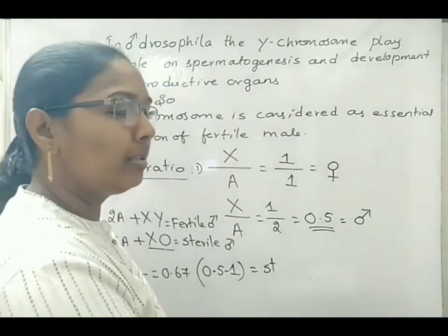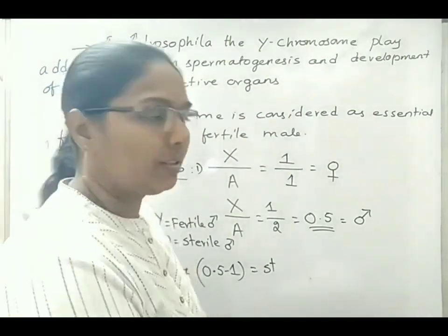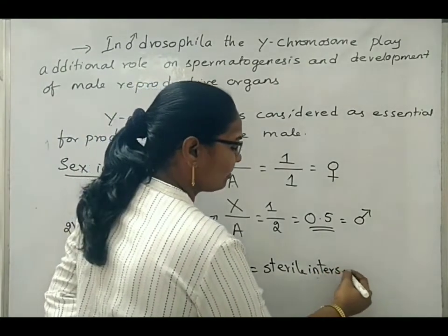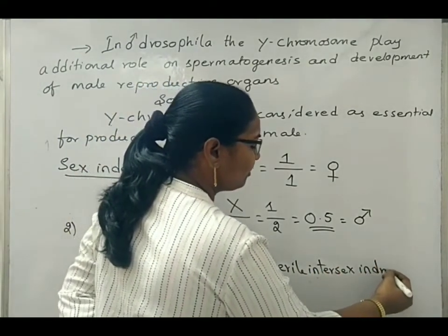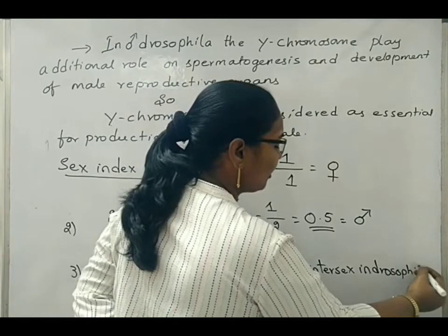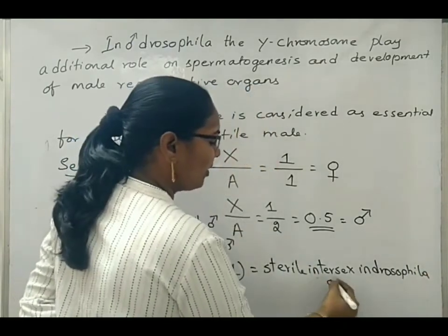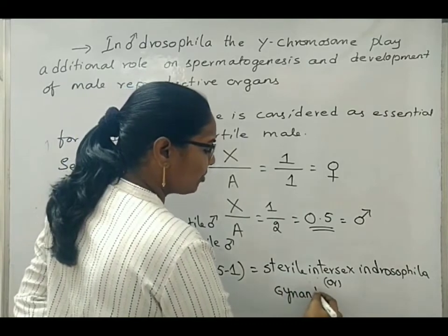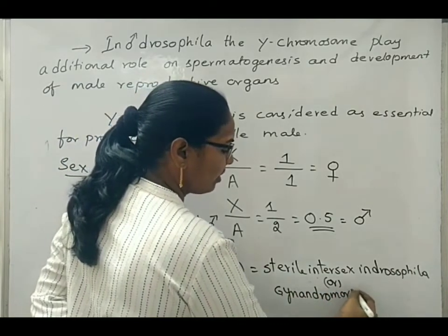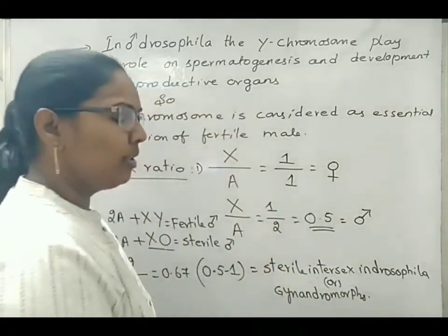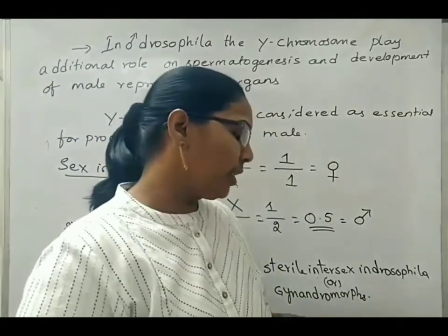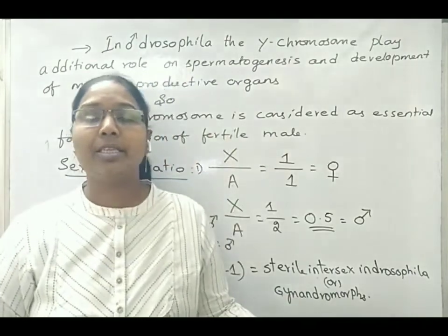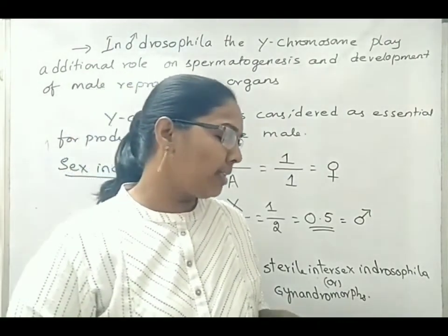We also use a term like gynandromorphs. Sterile, intersex in Drosophila, or we also use a term here. These are considered as gynandromorphs. Such gynandromorphs show antero-posterior structure, and are considered as bilateral.